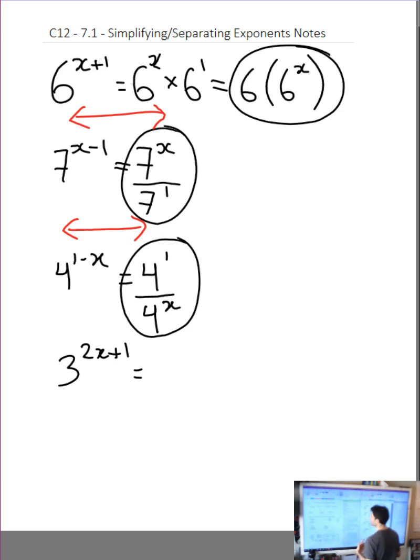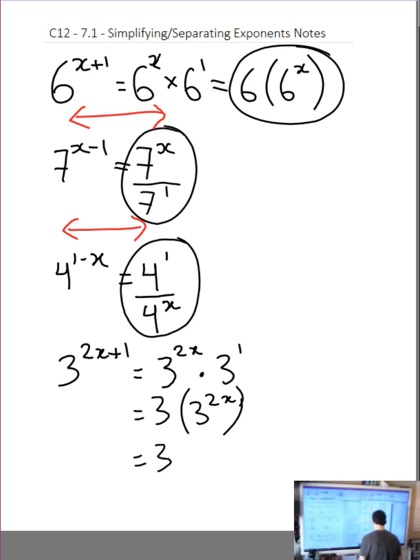Well, we know, for example, that is 3 to the 2x times 3 to the 1. Now, this is interesting what I'm going to do next. I know that 3 is going to go in front, and then I can simply write 3 to the 2x.